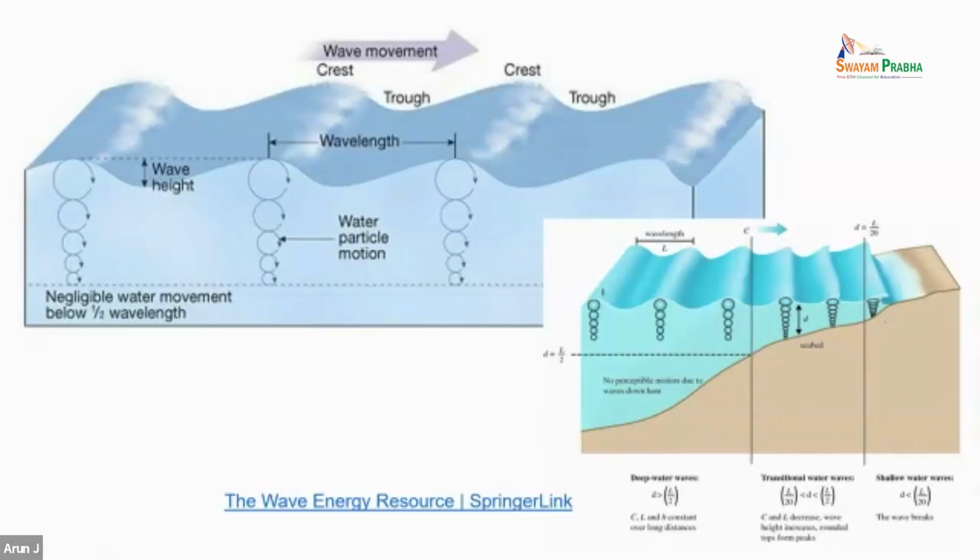Let us say 80 meters: if the depth is 40 meters or above, that's called deep water. If the depth is whatever like 4 meters, that is shallow water. This gives you a sense of what deep water and shallow water mean.